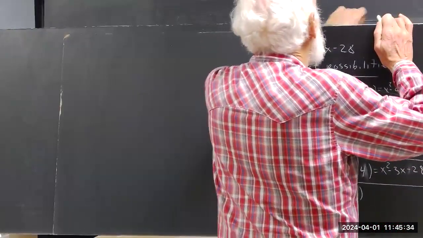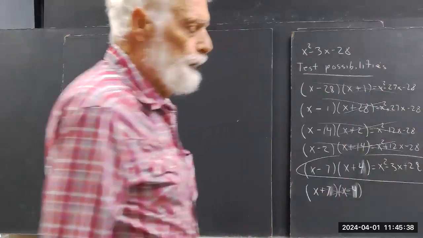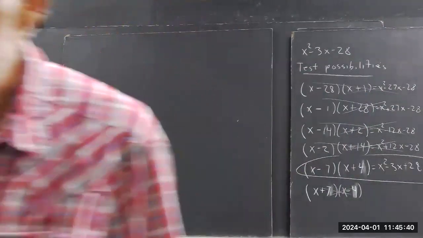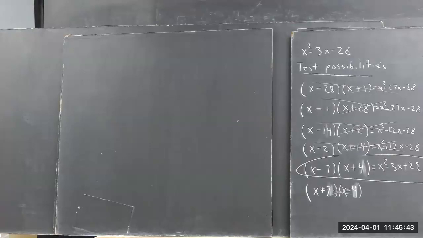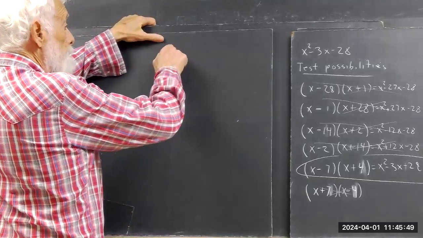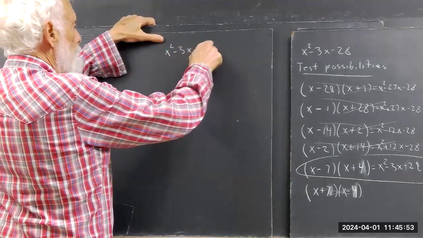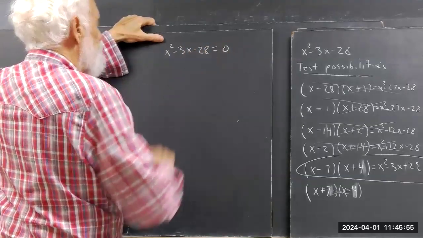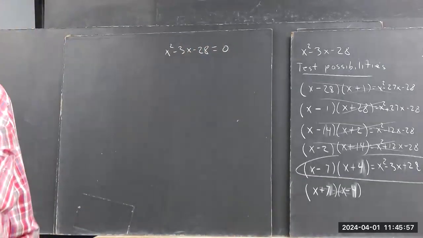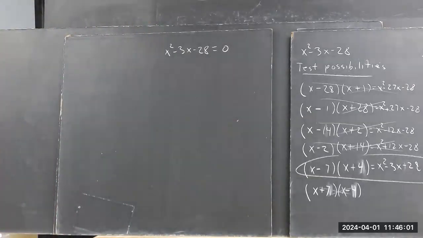Well, the assignment you have for next time makes use of this skill. So I'm going to use the same expressions that I have here. I'm going to make an equation out of this: x squared minus 3x minus 28 equals 0.